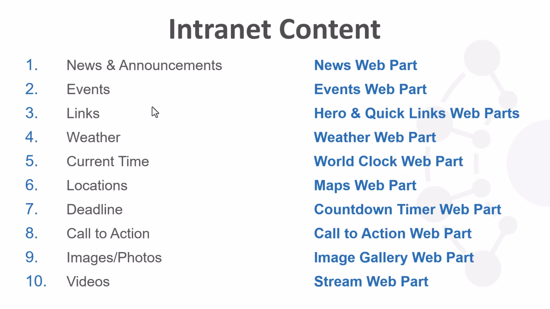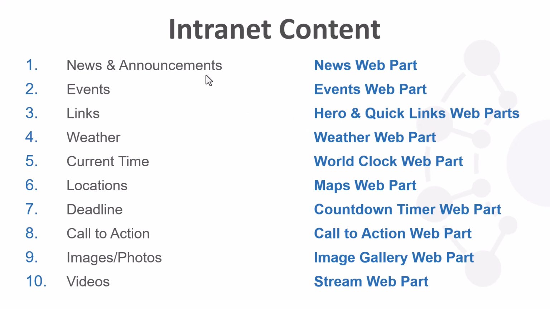internet portals. Now, what you see on the right side are essentially different web parts, different features that we have within SharePoint that will help us display the content from the left-hand side. In some cases, there is a one-to-one relationship, right?